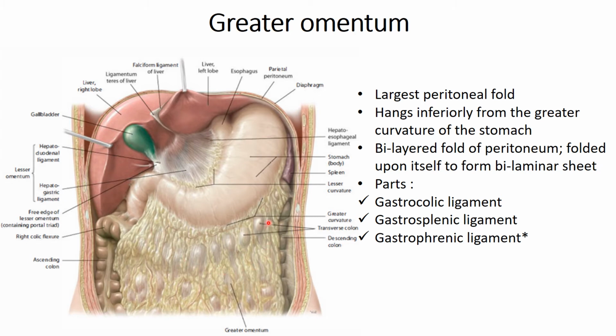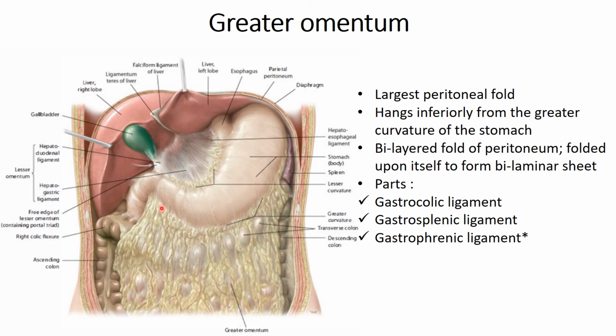This largest fold is known as the greater omentum, and it often contains a variable amount of fat, which is more in obese individuals. This greater omentum is a bilayered fold of peritoneum which folds upon itself to form a bilaminar sheet. The first layer becomes the posterior most, that is the fourth layer, and the second layer of the peritoneum forms the third layer when it is folded. We will discuss that later.